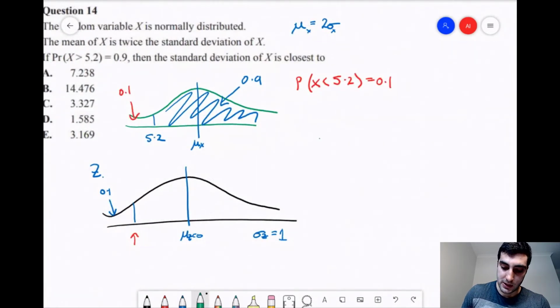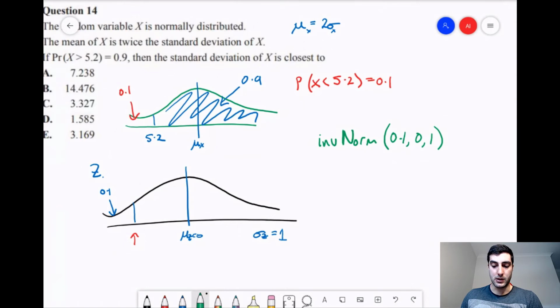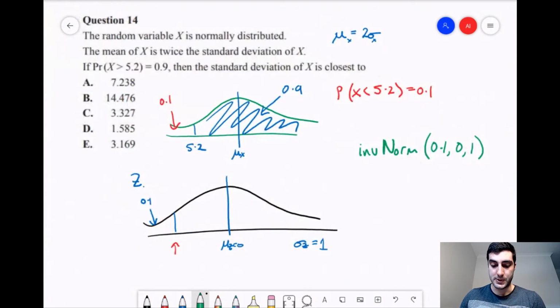So I've just used the inverse norm function with parameters 0.1. Your calculator may be slightly different. In terms of the calculator I was using, it needs to use a sort of approach from minus infinity up to the value.